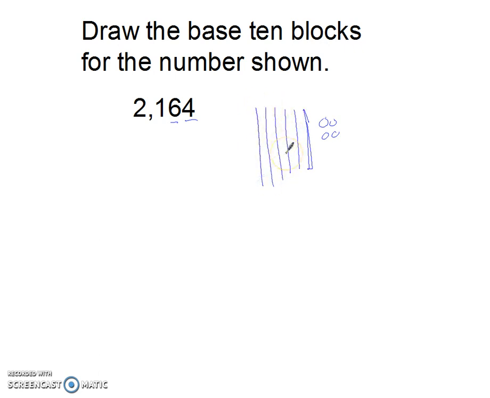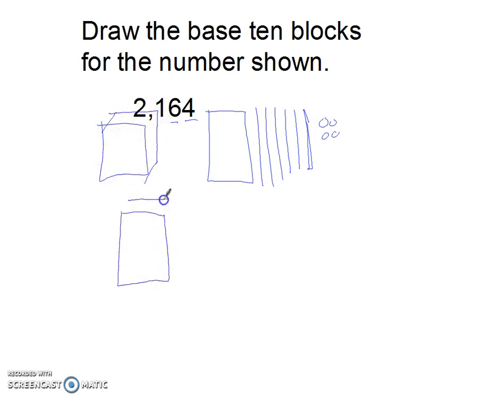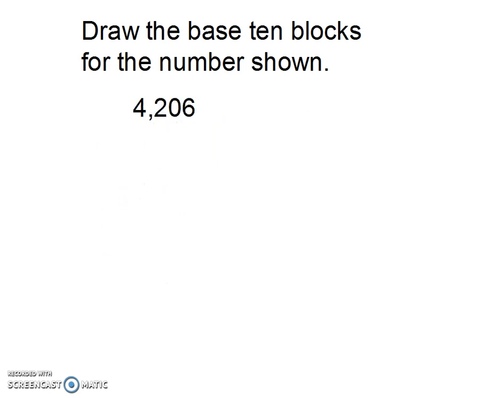Just don't make the 5th one come across. 1 of the hundreds, so this square should be as big as those French fries for the tens. And again, we've got 2 of those 1,000 cubes. Remember, they've got to be a lot bigger than the ones. 4,206.